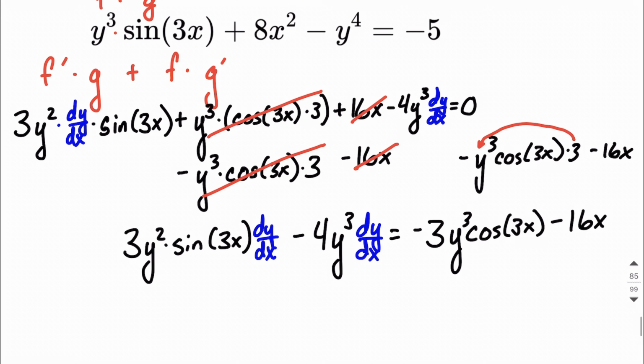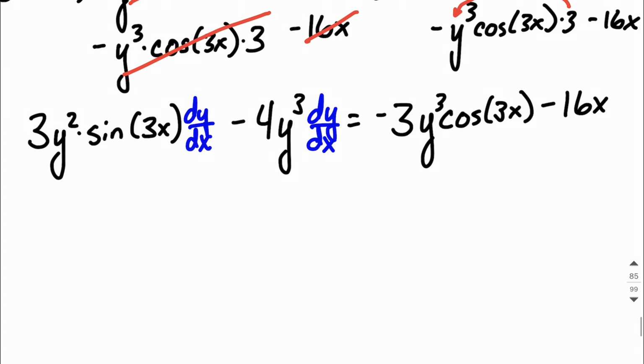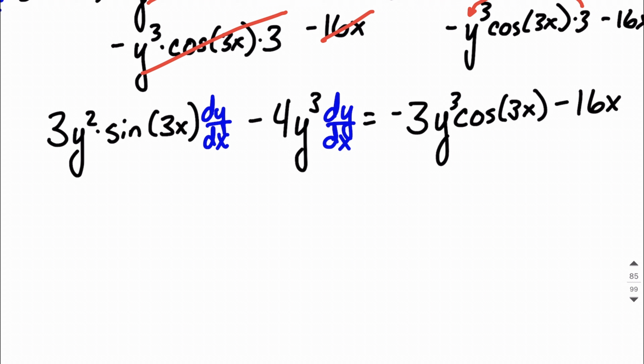All right. As you'll notice is kind of the pattern on a lot of these. After you get all the dy dx's on one side and everything that doesn't have one to the other side, what we're going to do next is go ahead and say, well, that dy dx is something in common for each of those terms on the left-hand side.